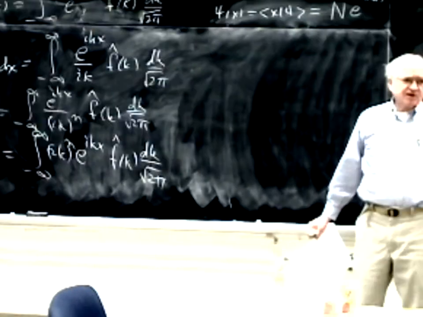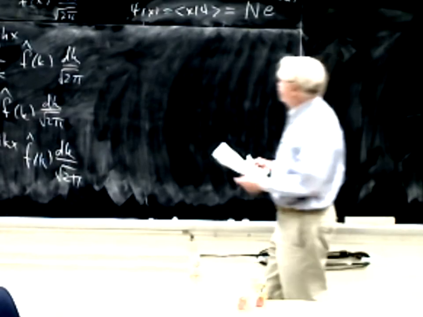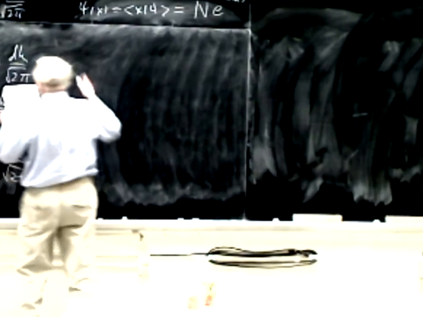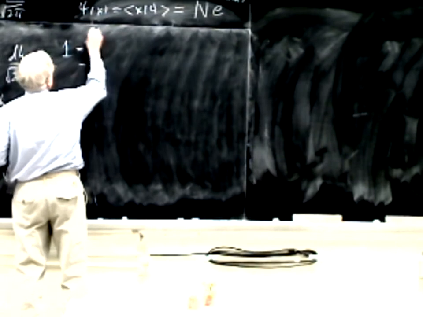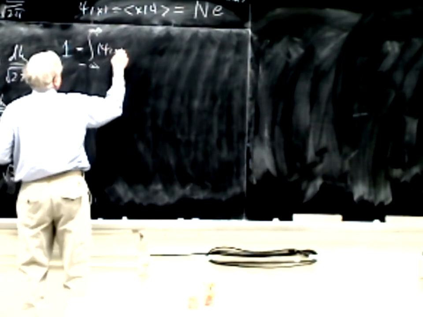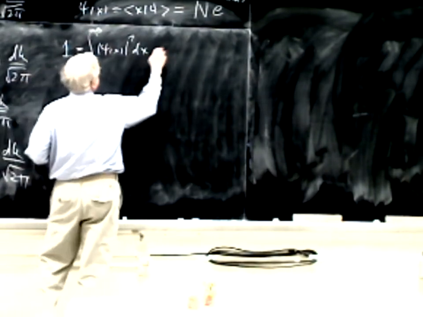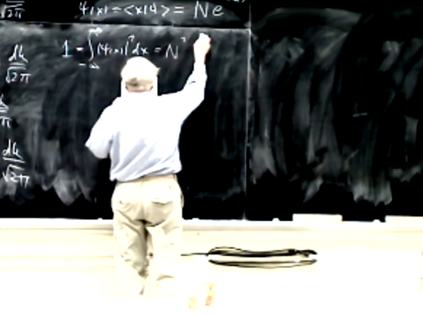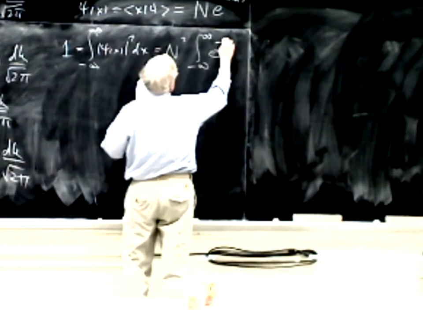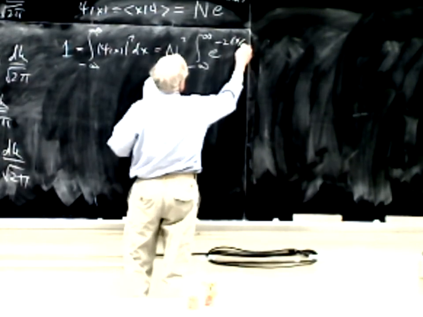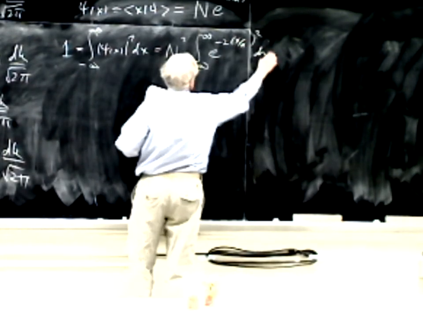The first thing we want to do is normalize this to unity, so that 1 is the integral from minus infinity to plus infinity of psi of x squared dx, and that means we have n squared times the integral from minus infinity to plus infinity of e to the minus 2 (x over a) squared dx.